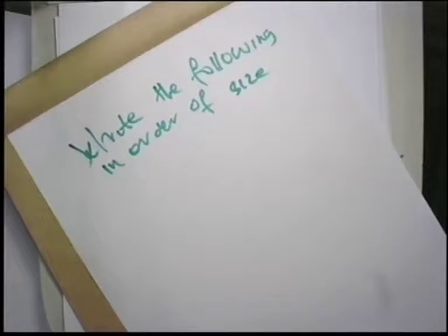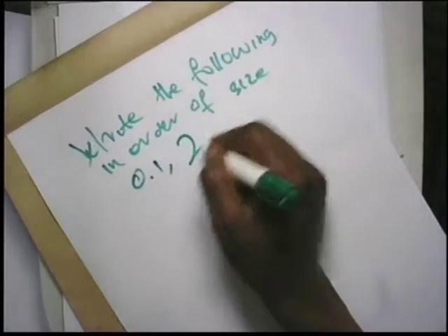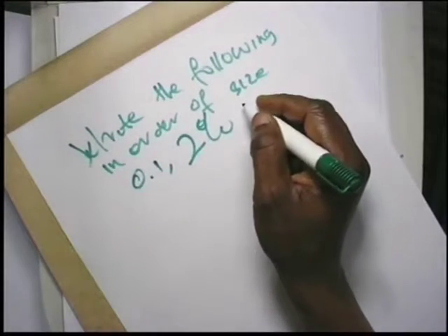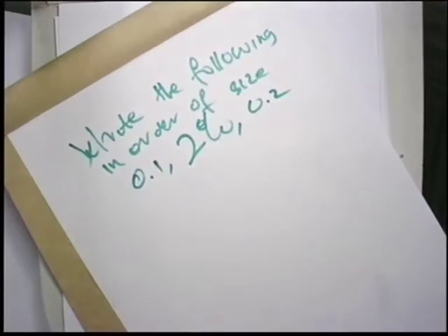Now, this is it. 0.1, 2%, then 0.2. So you will now ask yourself, from the smallest. Let us start from the smallest.